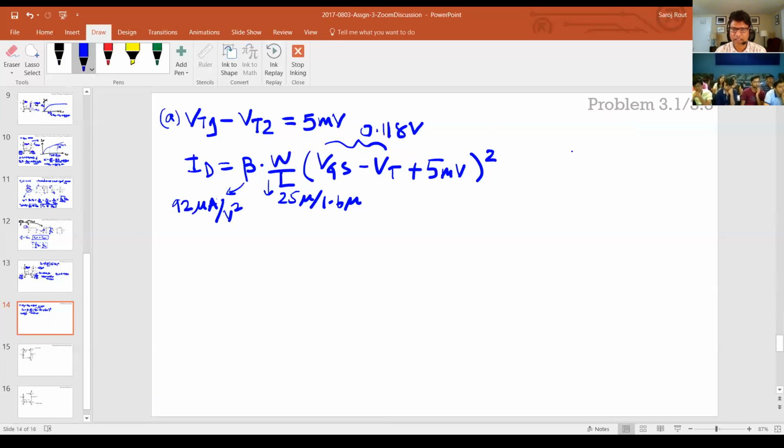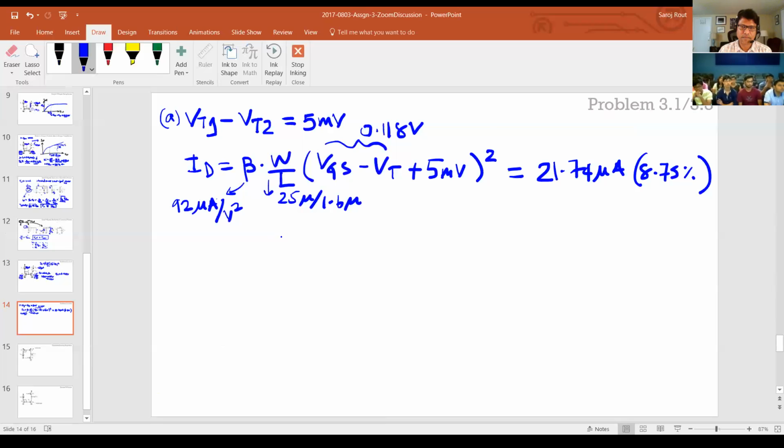So if you put all these values and calculate, I've already, I think, done the calculation here. So that turns out to be 21.74 microamps, right? So this is 1.74 microamps larger, which if you do it percentage-wise, is about 8.73% error.